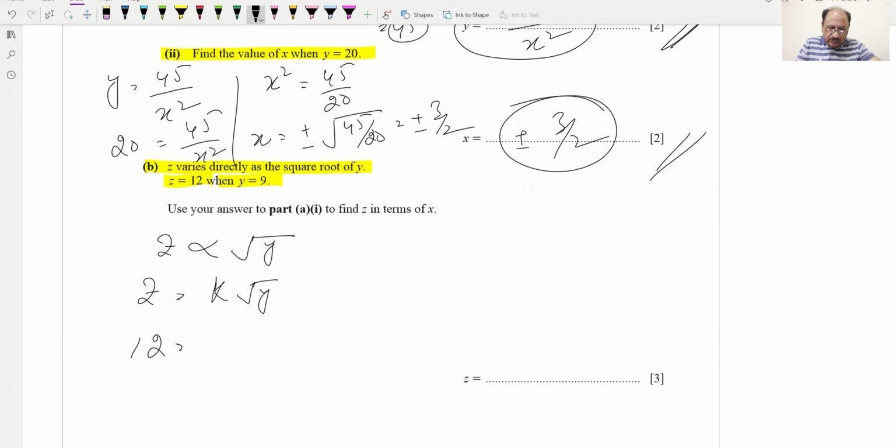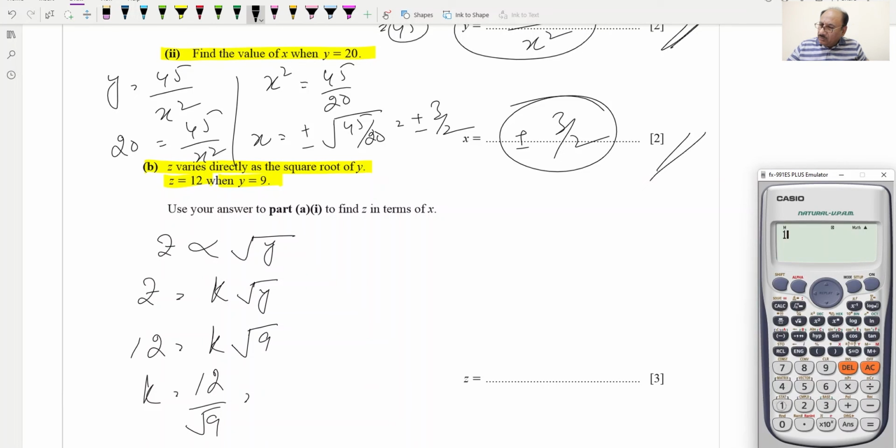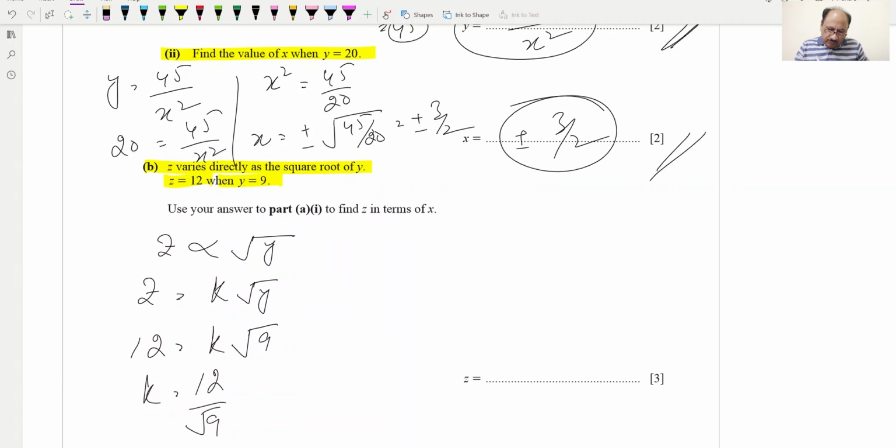So 12, and this is square root of 9, which we can write k is equal to basically 12 over root 9, and 12 over root 9 will be equal to 4. So k value will be 4. Now our equation will become, they are saying use your answer to part A1 to find z in terms of x.